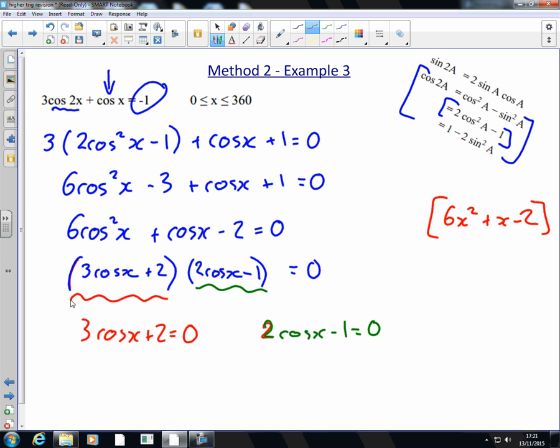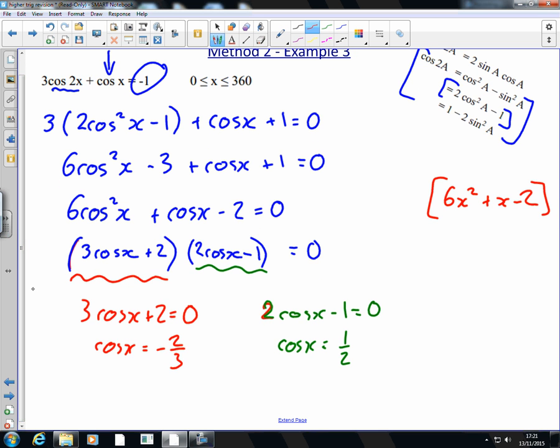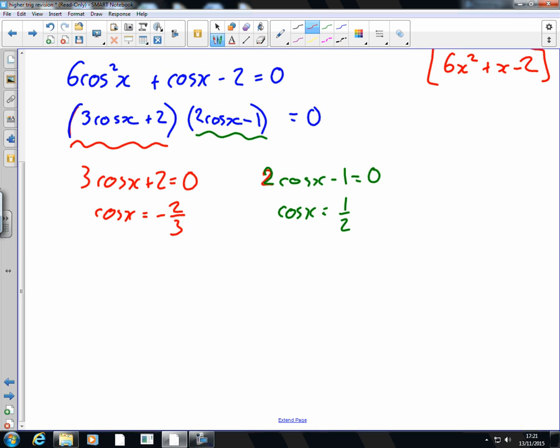So red strand gives us cos x equals -2/3, and the green one gives us cos x equals 1/2. I'm in degrees, am I? Yep. So for there, x is equal to inverse cos of -2/3, which we know we need to go to our cast diagram.